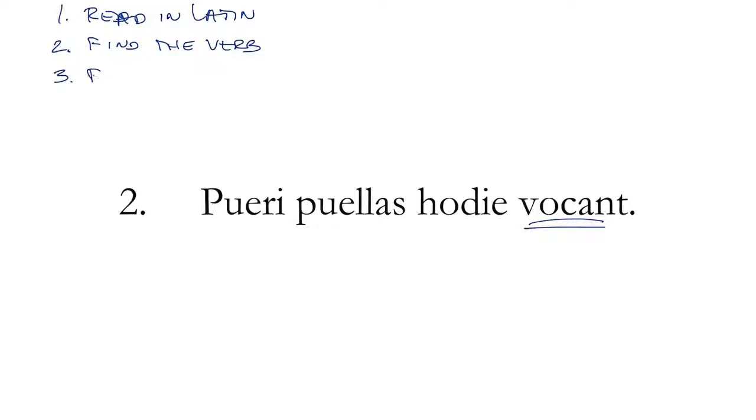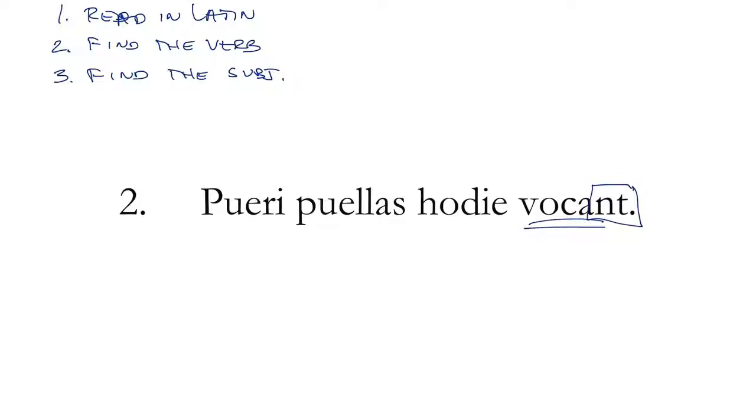Number 3, find the subject. Now pay attention. This is a part that I want to be sure is clear. We know from this ending here that the verb, nt, is plural. And left to itself, all by itself, if you were to see vocant all by itself, you would say, hey, the subject is they.